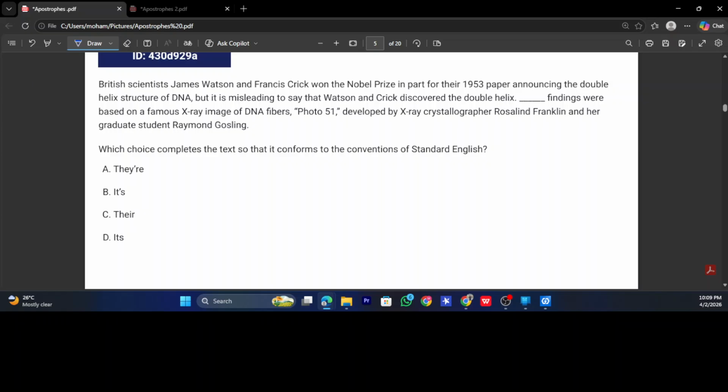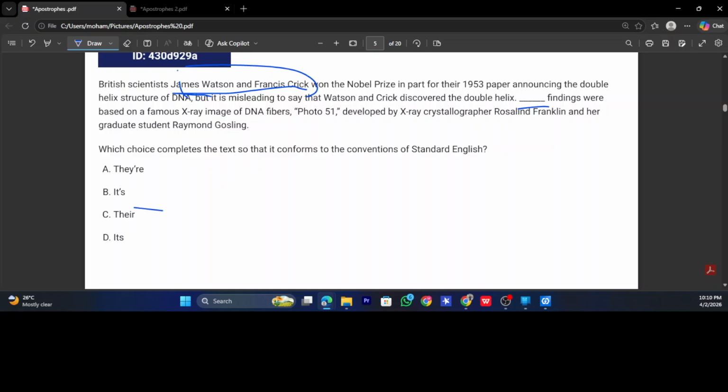So solve this. First of all, try to find the noun phrase. What does it belong to? If you look at that, these two scientists means we need a plural possessive.